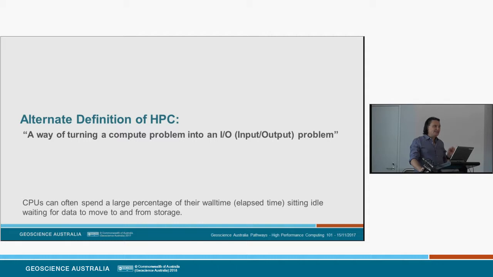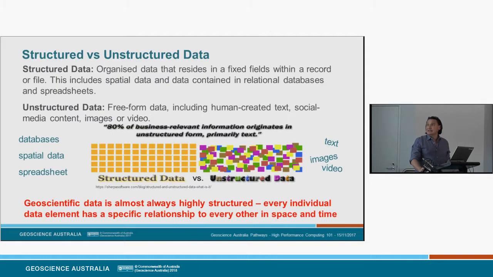And the ideal would be 100% CPU utilisation, but typically for GA applications which use a lot of data, the CPUs are actually sitting idle waiting for the data to come from the disk or be written to the disk.